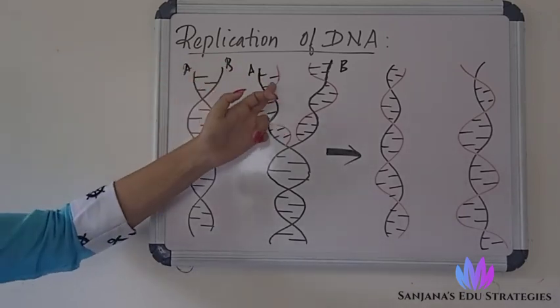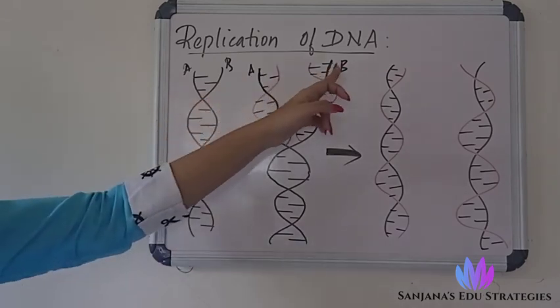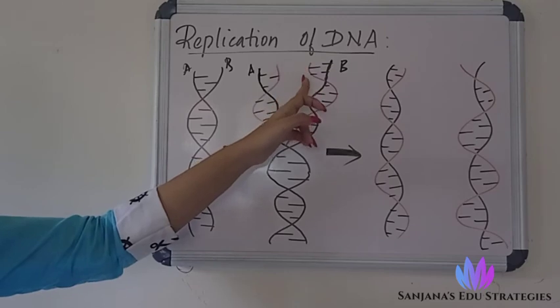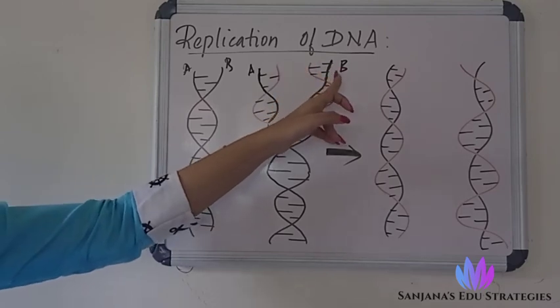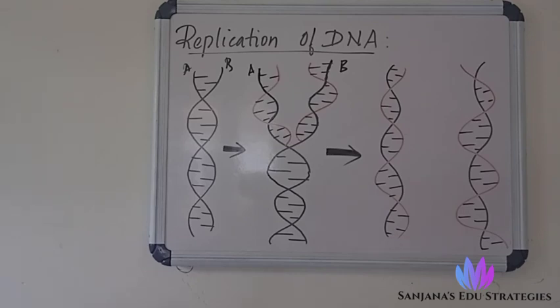This is a duplicate copy formed by strand A. And this is another duplicate copy formed by strand B. Both form duplicate copies of their own strand.